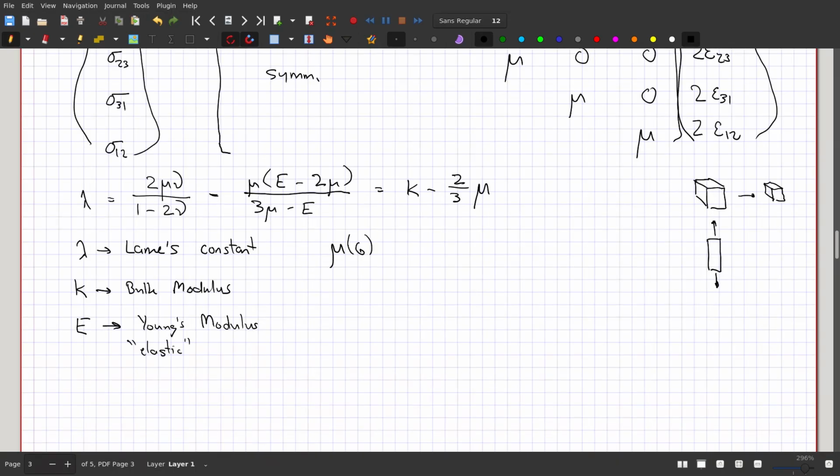I don't really know why, perhaps because in fluid mechanics you have a shear viscosity and you use mu for that term, right? So sometimes it's G, sometimes it's mu. But this is the shear modulus.